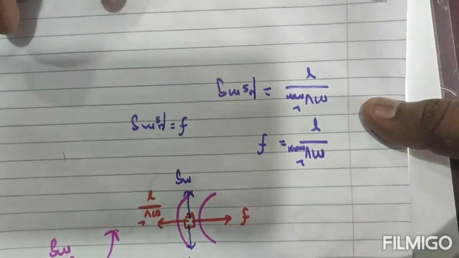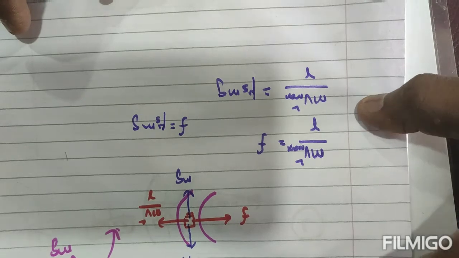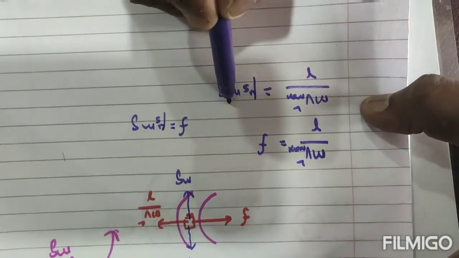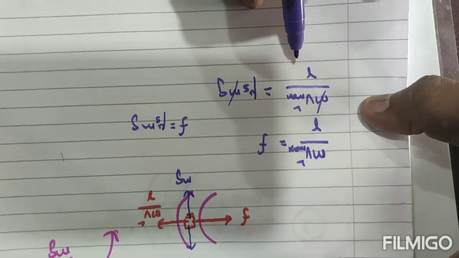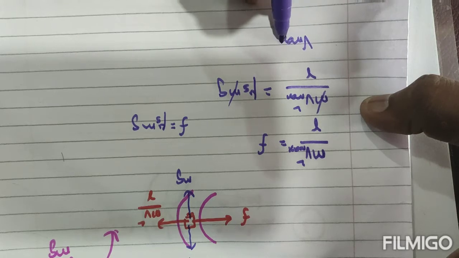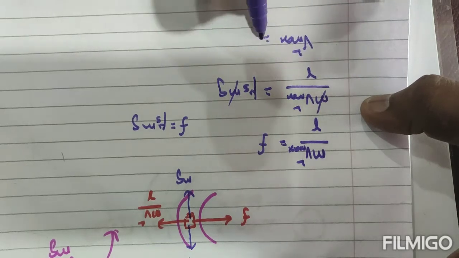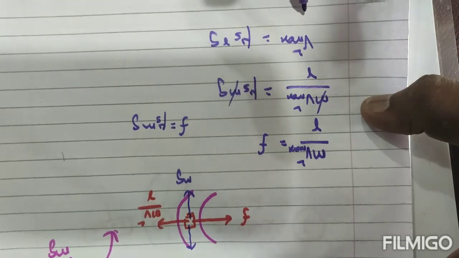Suppose the velocity is increasing, what happens? Let's discuss. Here the mass value will be cancelled, so I can write v max squared is equal to mu s r into g.